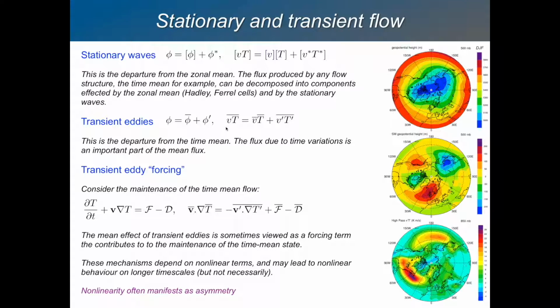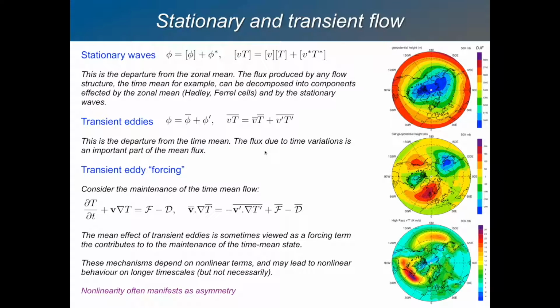You can say the average flux is the flux by the average flow, so that's everything up here, plus this bit, the transient eddy flux. So that is the very important transfer of temperature and momentum which is carried out by these transient systems in the atmosphere and in the ocean.